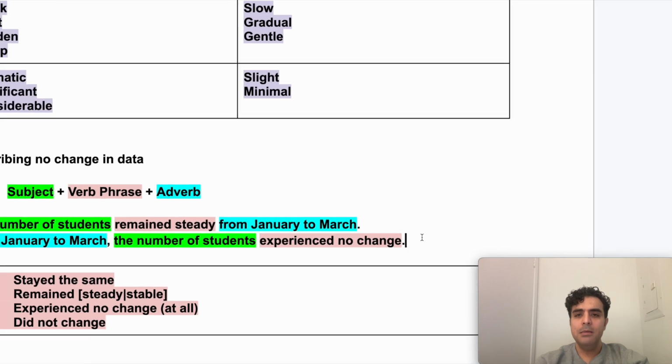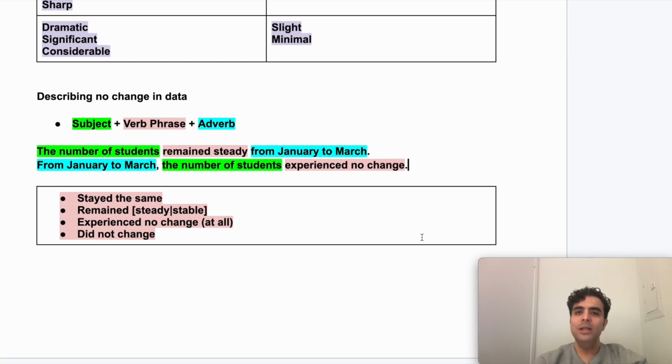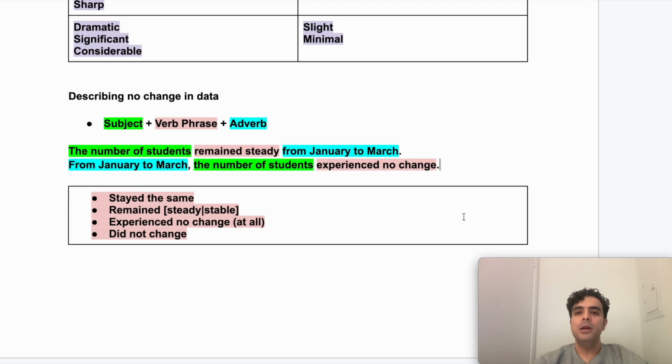Now, you might be wondering at this point, how do we describe the amount? Like, if it's the same, we still have to mention what number it was stuck on, right? So what was that number where it remained steady or stable? Well, this is easy. You could use at, right? So the preposition for describing amounts in adverbial form is at.